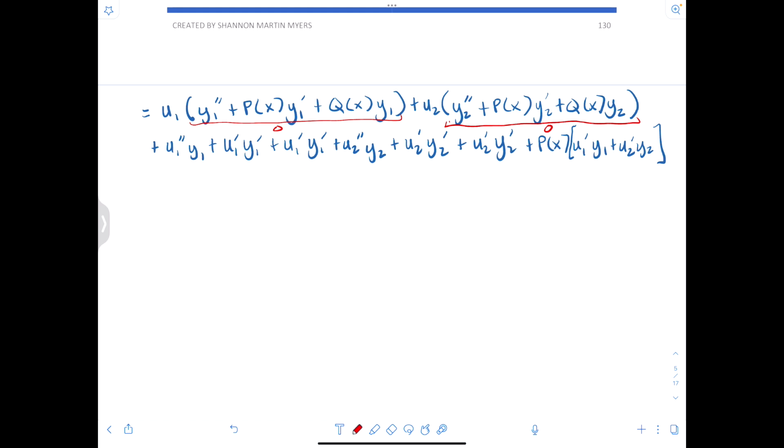So this is going to simplify a bit, right? So continuing, we'll end up having y1 u1 double prime plus y1 prime u1 prime.